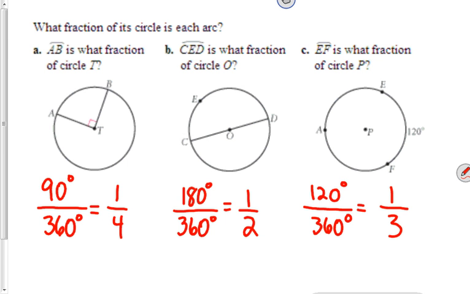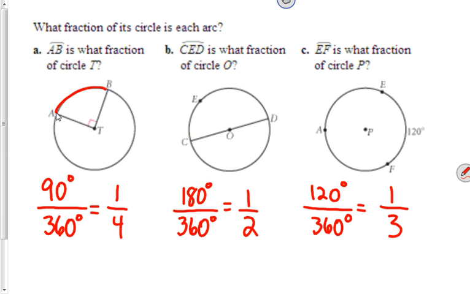All right, so what does this have to do with arc length? Well, arc length is some fraction of the entire circle's circumference. If we knew the circumference of each one of these circles, for example, in example A, we would take 1/4 of the circumference to find the arc length of AB.